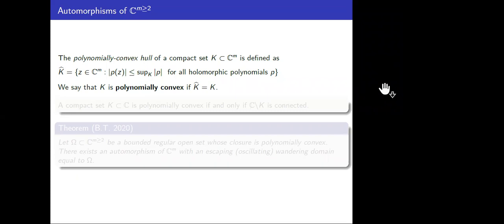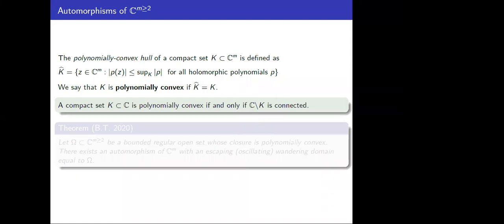Of course, this notion is not only known in dimension n, I mean 2 and higher. It's also well defined in dimension 1. But in dimension 1, we have the following analogy: the set is polynomially convex if and only if its complement is connected. It's the thing that is used in Runge's theorem, right?